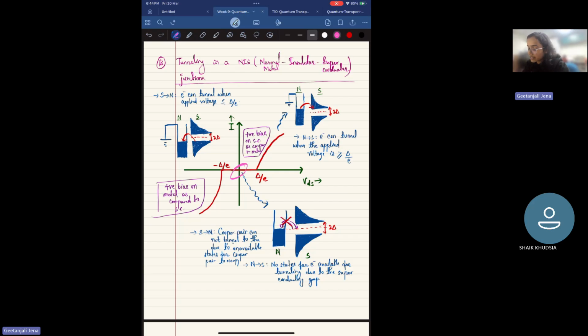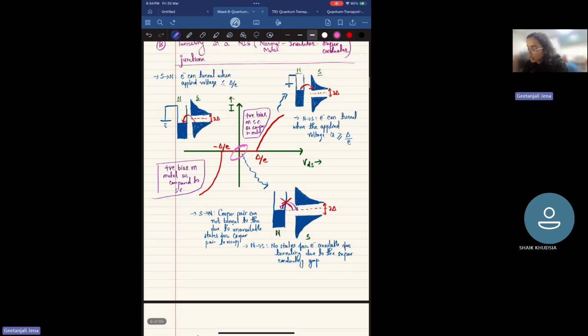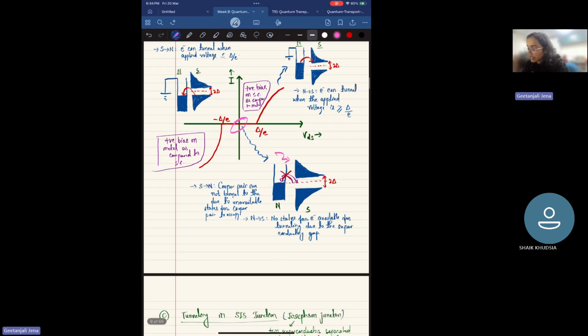For the zero bias case, if you look at this one, this is the energy diagram, and you can see that there is a superconducting gap.